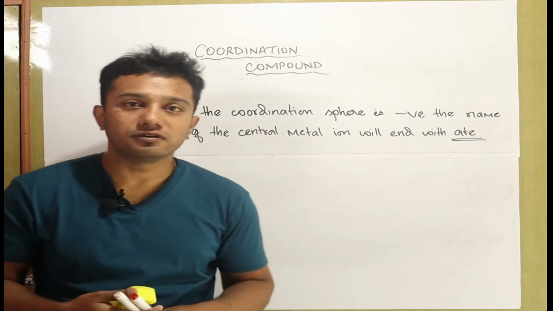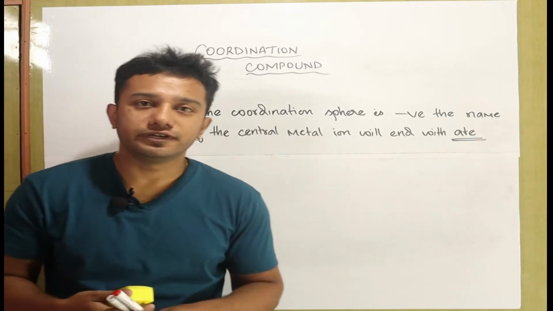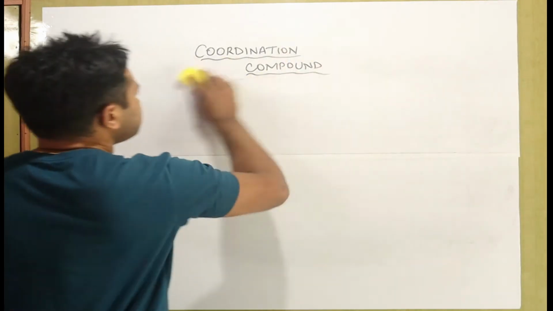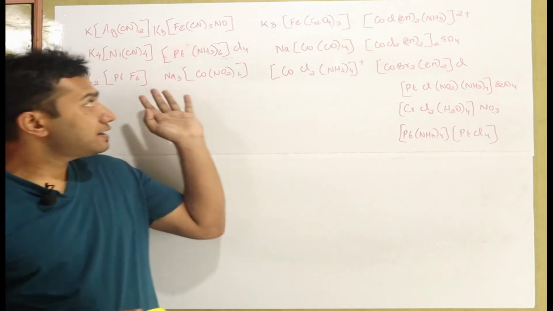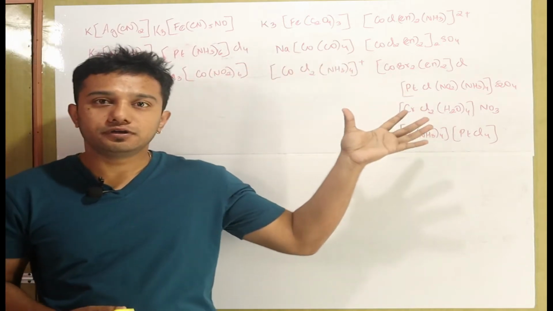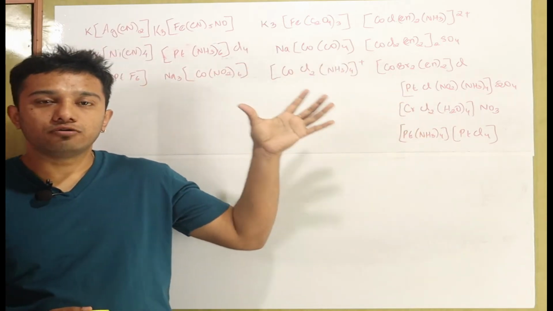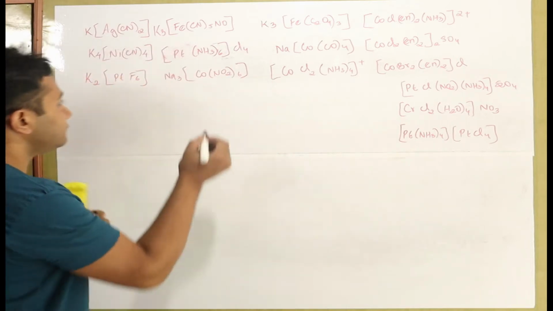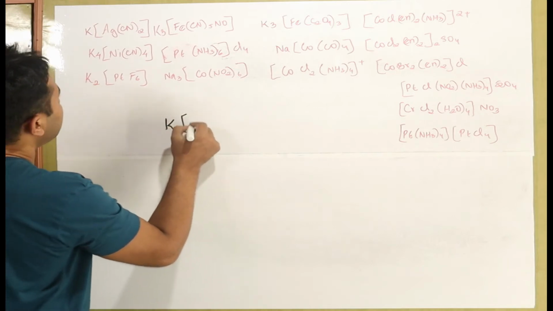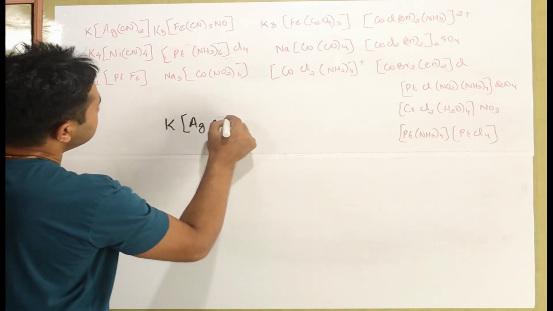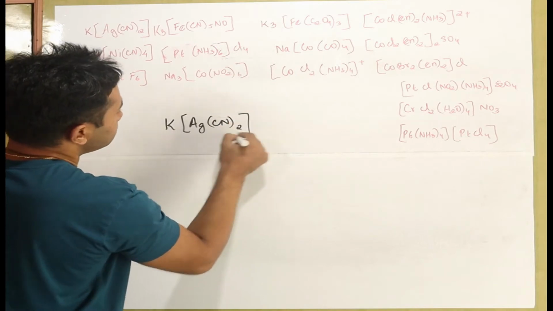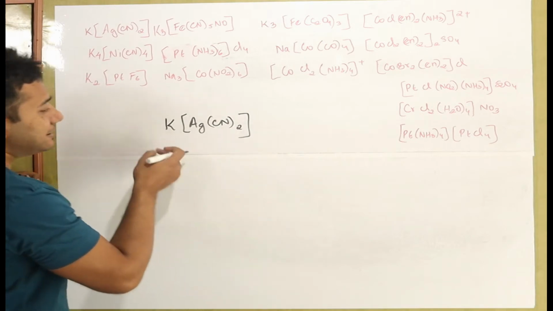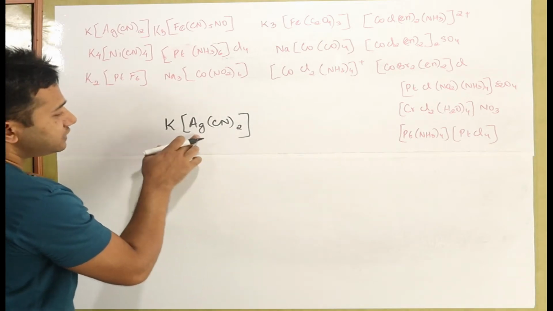Now we shall start writing the names of coordination compounds. I have written down some coordination compounds here, and we will name them one by one. First we have K[Ag(CN)2]. From the first rule, we are supposed to find the oxidation state of the metal ion.